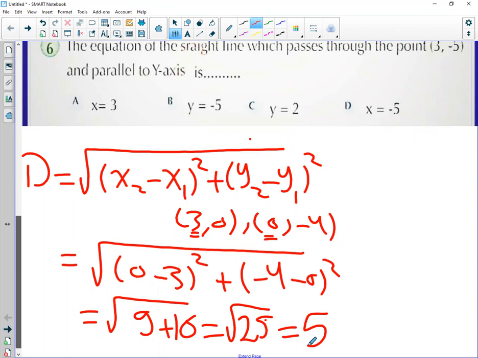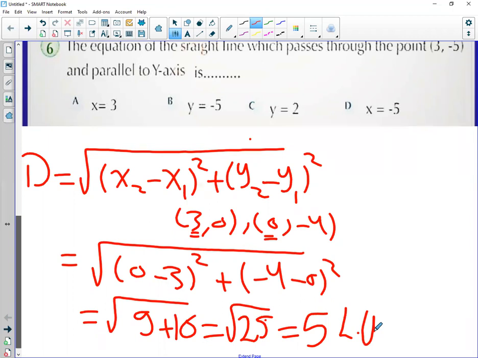Why can't we choose negative? Because this is length units, and we can't choose negative with length units.